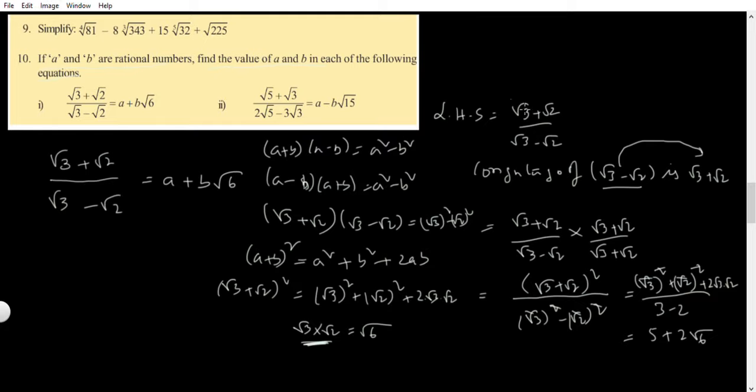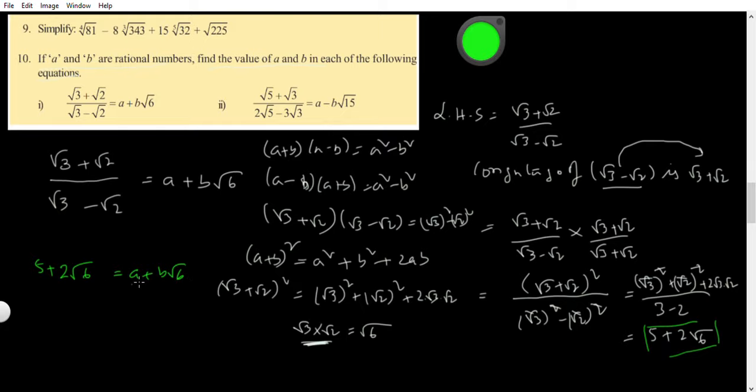By simplifying this, I got this answer: 5 plus 2 root 6 is equal to a plus b root 6.